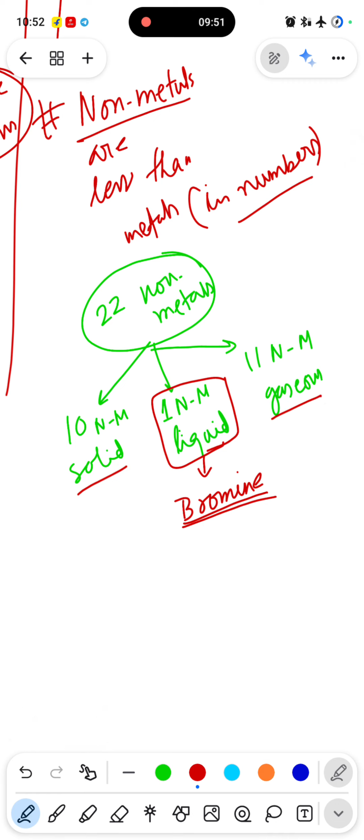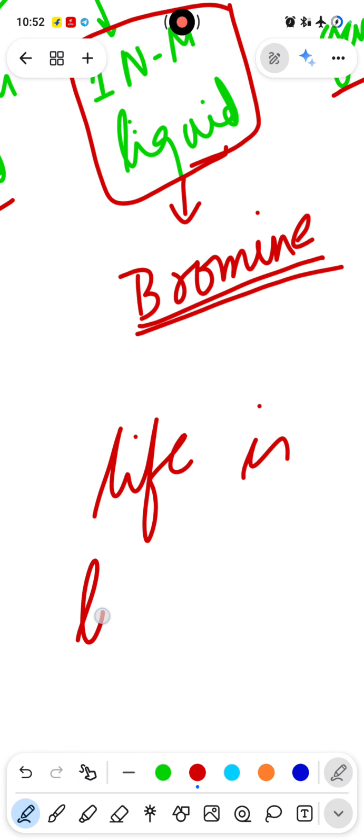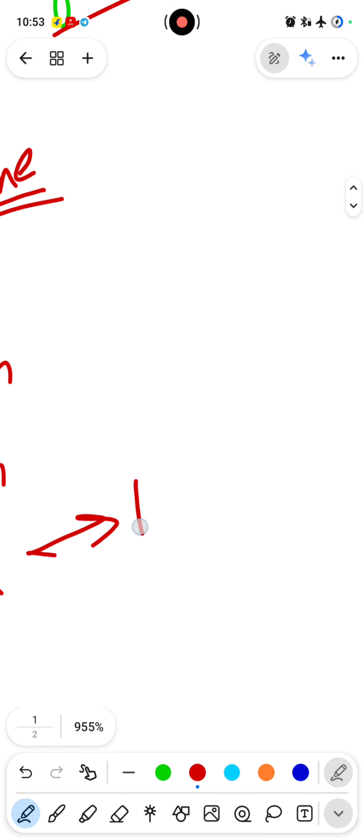And it is important. See, non-metals are actually majorly very important because life is living on earth because of non-metals.